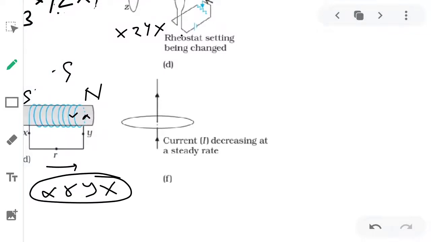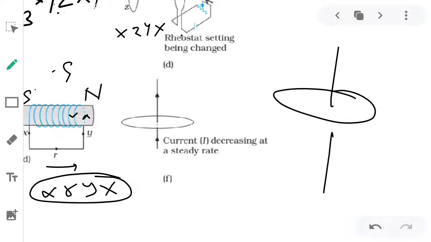Okay. Here they have taken a loop and current is passing this way, and the current is decreasing at a steady rate. First of all, understand this: will current be induced? Flux should enter normal to the area. The area is here. If I apply the right hand thumb rule, the magnetic field is concentric circles, and it will be in this direction.